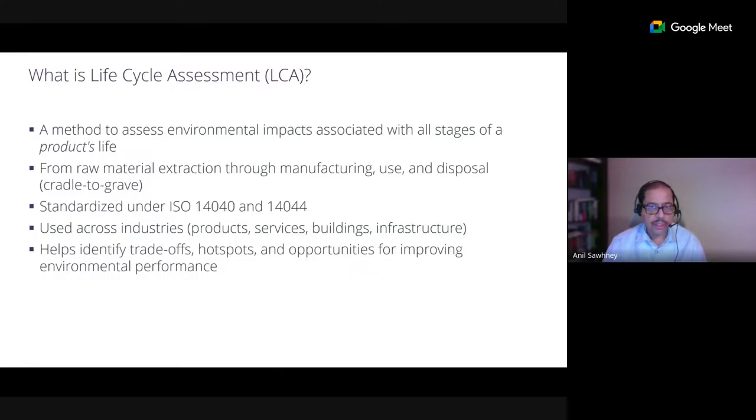If you're very interested in theoretical aspects of LCA, you can look at 14040 and 14044. It's used across industries, for products and services, and we are now applying it to buildings and infrastructure. It helps identify trade-offs, hotspots, and opportunities for improving environmental performance. That is the main reason why we use LCA.